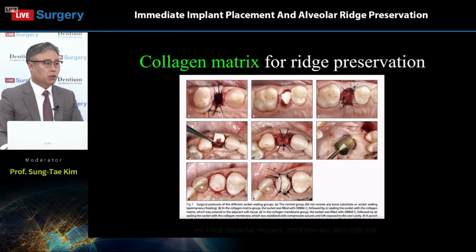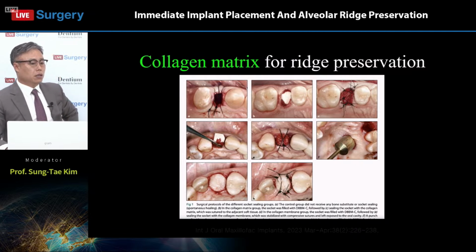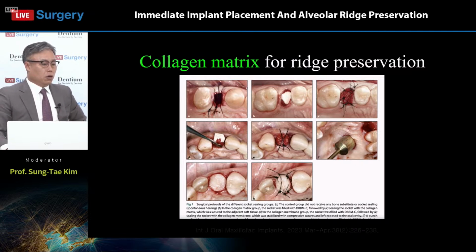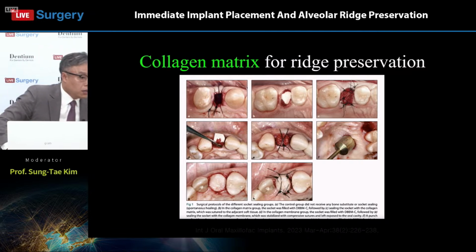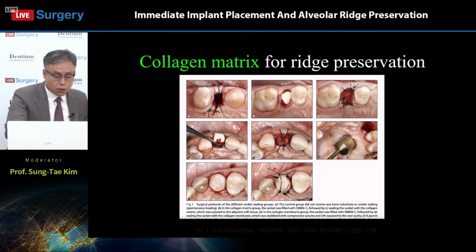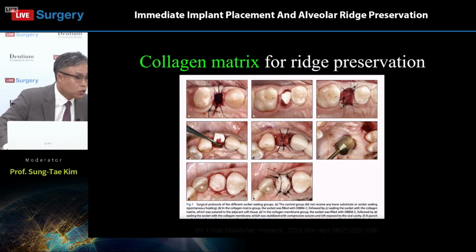And a recently published paper, in 2023, March, April. If you look carefully at the bottom of the slide, the International Journal of Oral and Maxillofacial Implants.